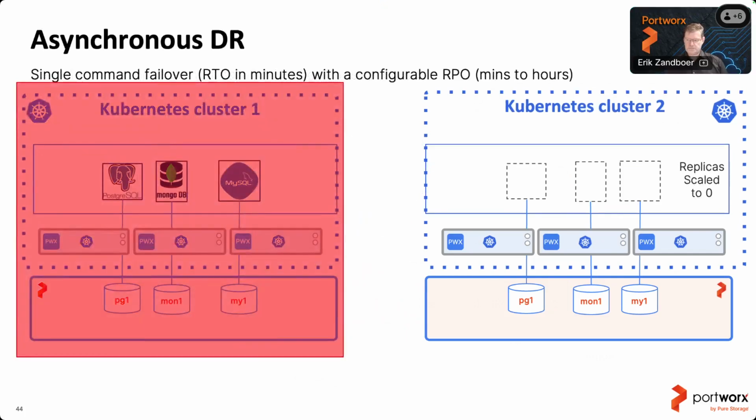So the thing fails, and with one single command on Kubernetes cluster 2, you can scale the replicas up. All of these replicas that sit here have an annotation for the size that they used to be. So the moment you need to do a failover, we will look at the annotations and say, hey, Postgres, that had a replica factor of 1, so it needs to be scaled back up to 1.